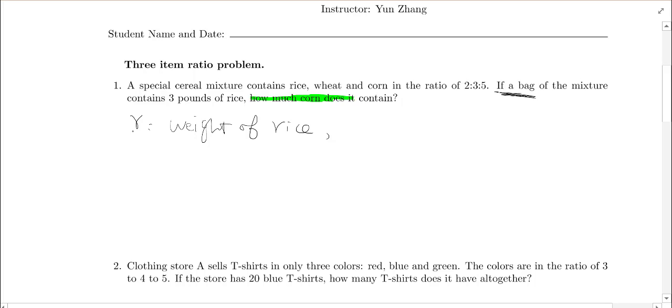Similarly, you can define wheat, use W, and you also have C. It's the weight of wheat and the weight of corn. It's really helpful to use something you can remember well. Use the first letter: R, W, and C correspond to rice, wheat, and corn.